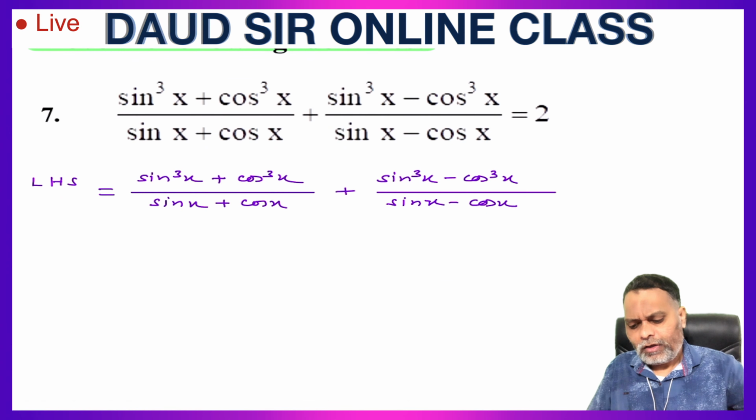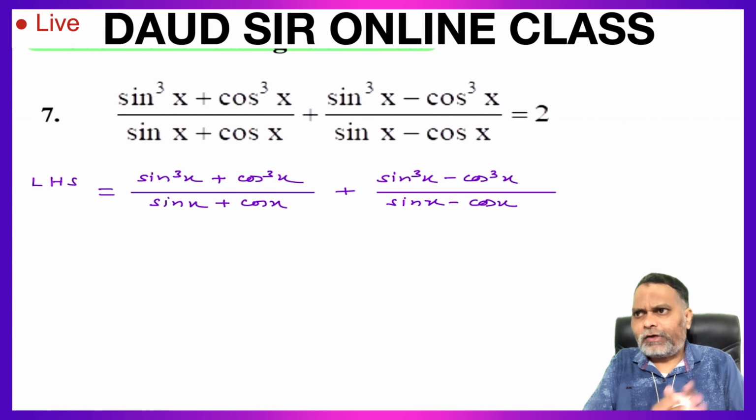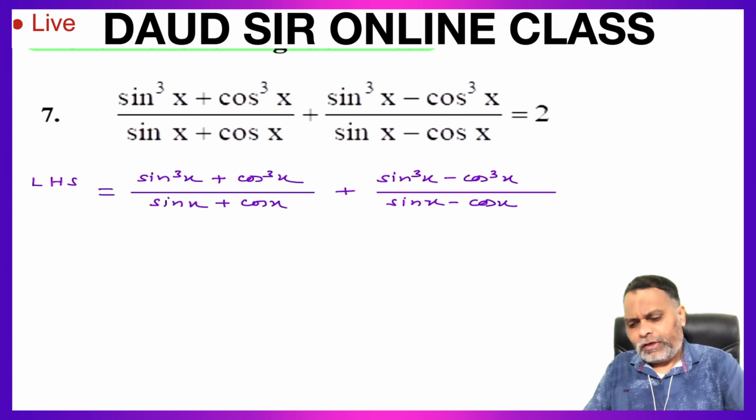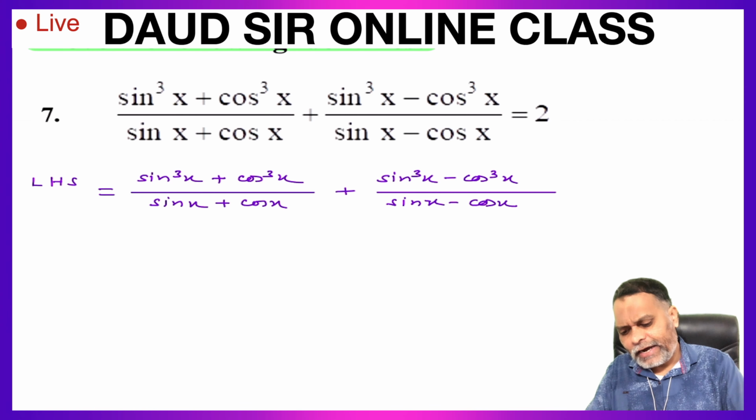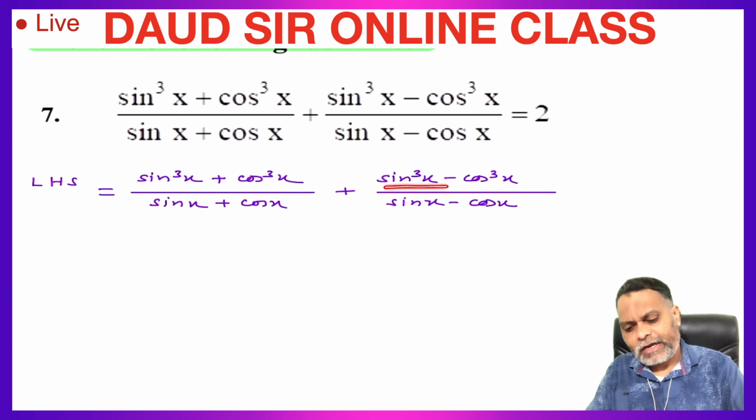Now for proving this equal to 2, here we can apply the identity a cube plus b cube, and here a cube minus b cube. Both identities we can apply here.